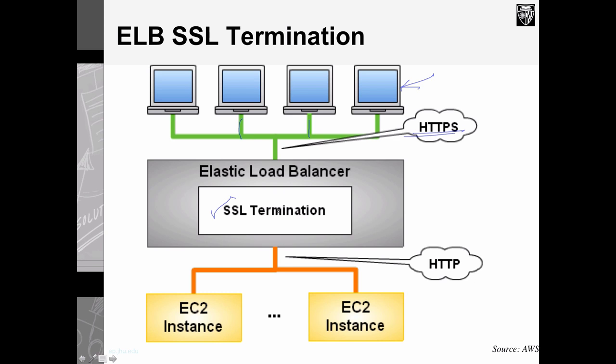From the load balancer to the backend instances, it's plain unencrypted HTTP traffic. So as far as the instances are concerned, the load balancer is making a plain HTTP request, but when it goes out, it sends out an HTTPS connection back to the clients. This is a very important feature, and it's either called SSL termination or SSL offloading.